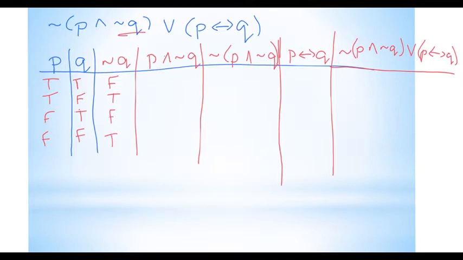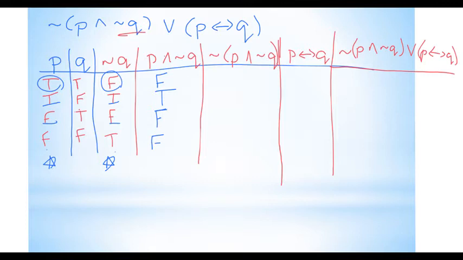All right, then we have P and not Q. So for that one, I need to look at my P column and not Q. And it's an and, so it is true when they're both true. So for the first one, I have true, false, so that makes it false. Then I have my true, true, so I get my true there. Then I have false, false, so that's false. And then false, true would make that false.